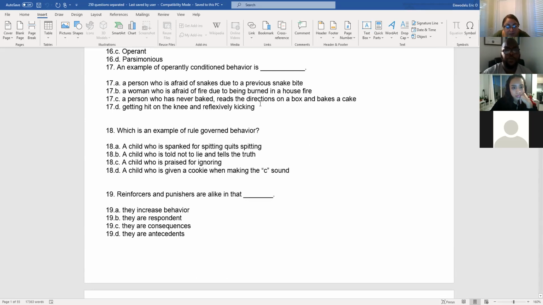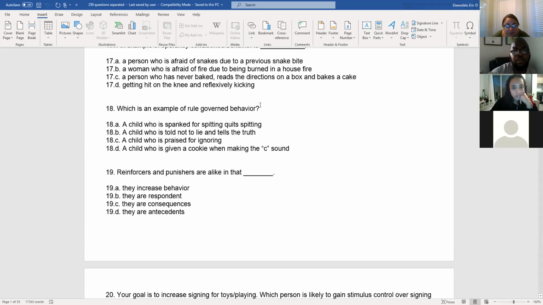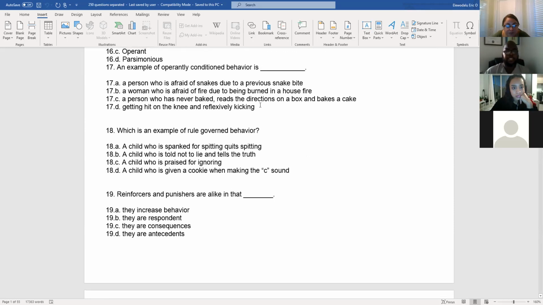An example of operantly conditioned behavior is: a person who is afraid of snakes due to a previous snake bite; a woman who is afraid of fire due to being born in a house fire; a person who has never baked, read the directions on the box and baked a cake; getting hit on the knee.